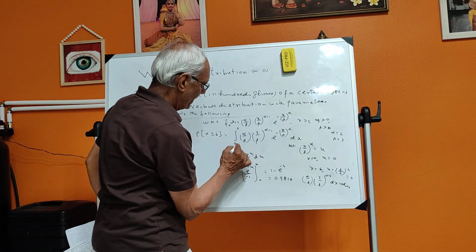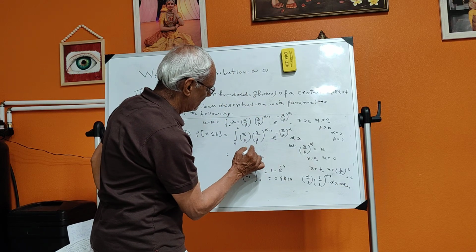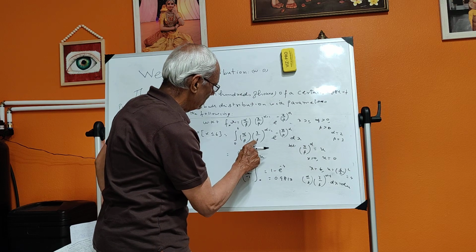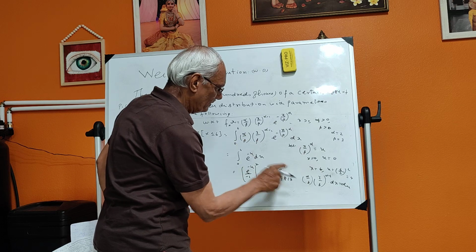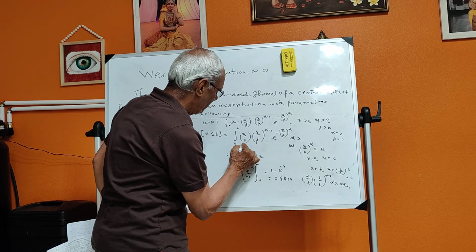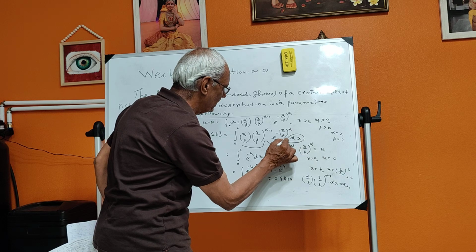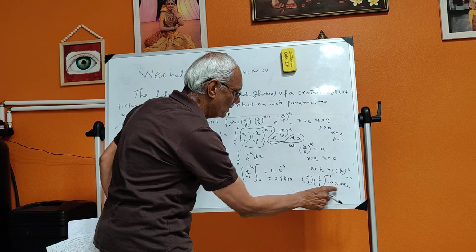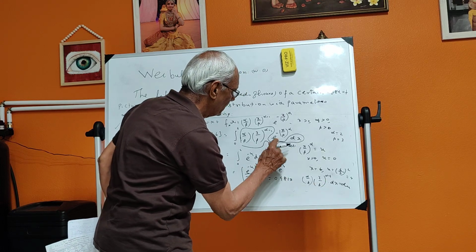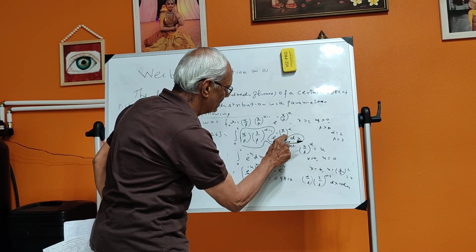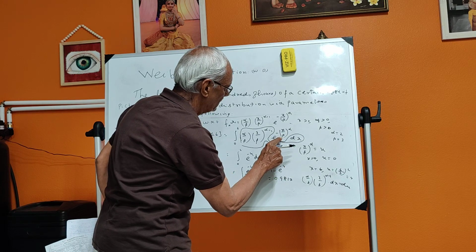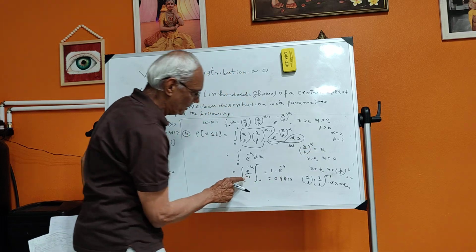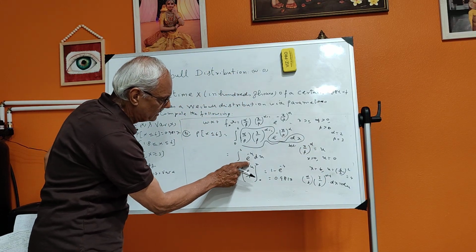So you see that you are getting this alpha by beta, and this whole thing is equal to your du. This one. So it is e to the power of minus, I am taking this to be u, so e to the power of minus u. So therefore I get e to the power of minus u.